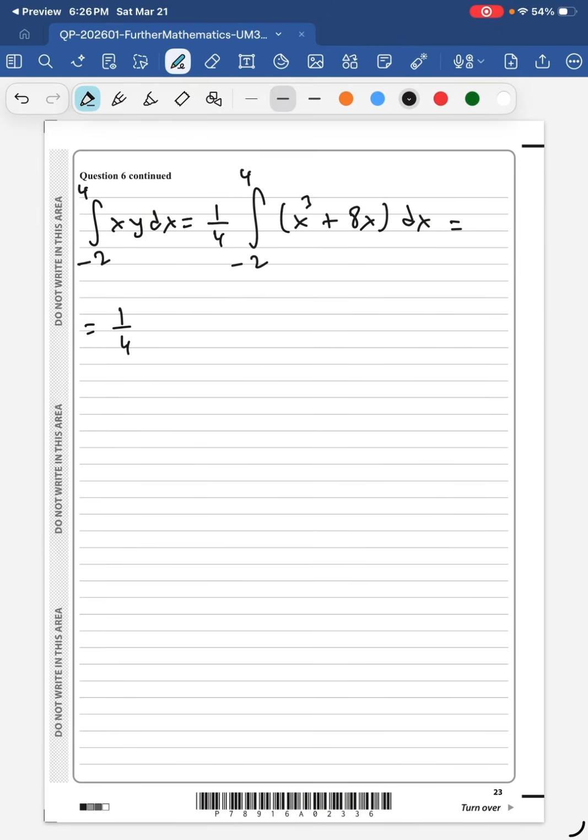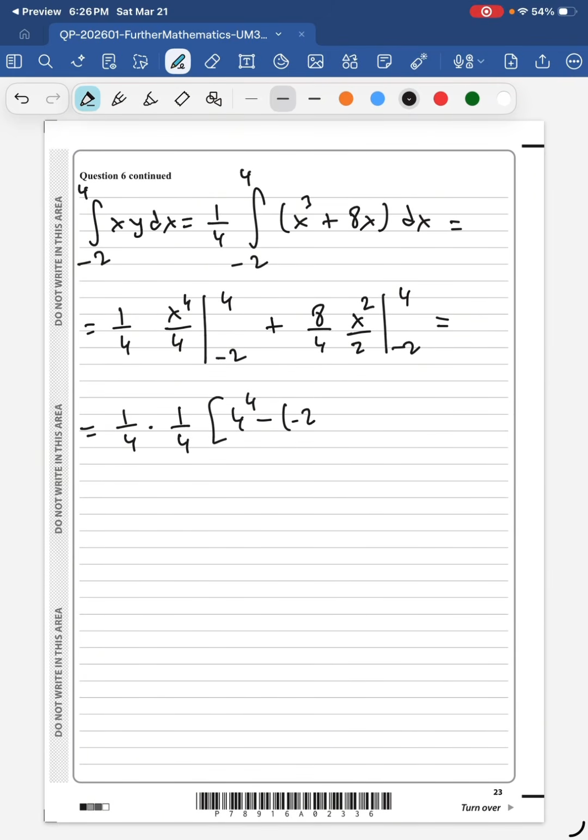So that's 1/4, and then x to the 4th over 4 from -2 to 4 plus 8/4 x squared over 2 from -2 to 4. This is equal to 1/4 times 1/4 times 4 to the 4 minus -2 to the 4th, plus 2 over 2 times 16 minus 4, which is 15, plus 12, which is 27. Please check my answers.